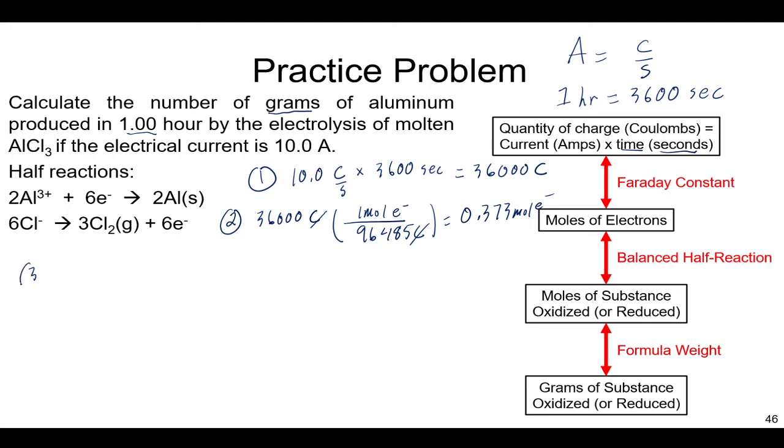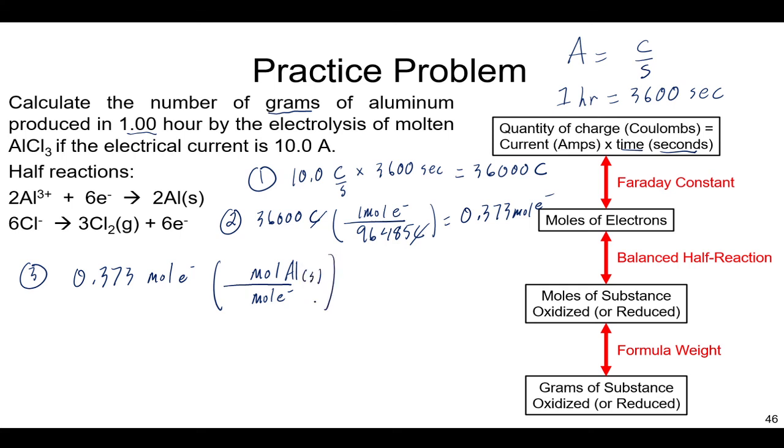Step 3 is where I have to get the redox chemistry involved. Here, it's given to you for free in these half reactions that are already balanced. So let's take this 0.373 moles of electrons, and I need to convert this from moles of electrons to moles of, I'm asked for aluminum here, so moles of aluminum.